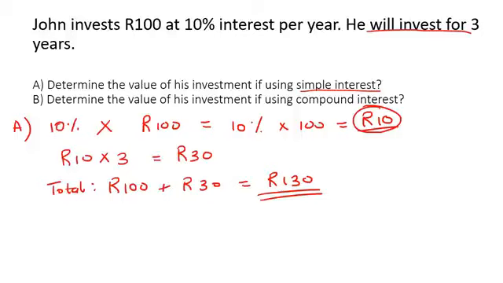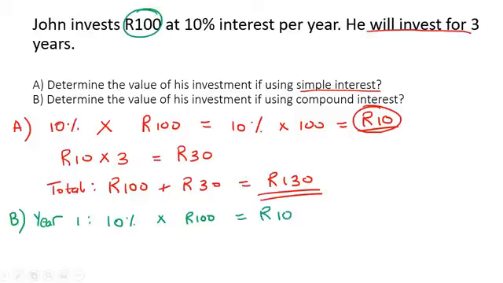Okay, now compound interest is a little bit different. This is the way compound interest works. With compound interest, you have to go year by year by year. So for year number 1, so for the first year, you're going to say 10% of however much money he has. Now he starts with 100 Rand, so you're going to say 10% of 100 Rand. Now of means multiply, and that's going to give you 10 Rand.